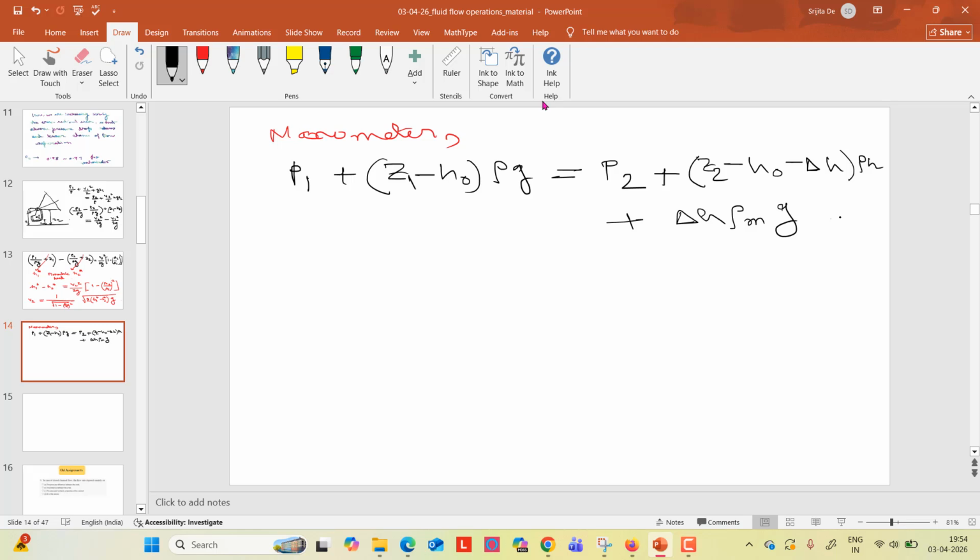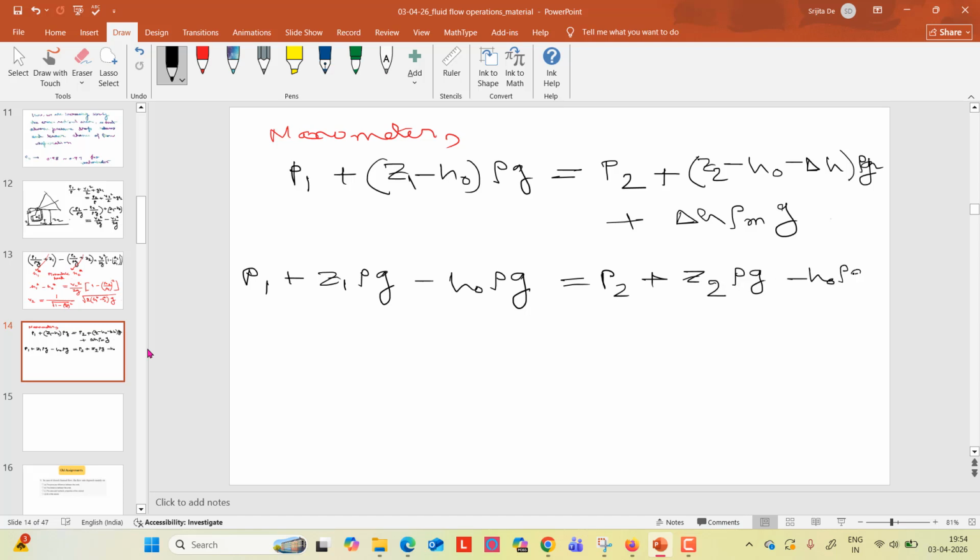Now we'll just expand and simplify. P1 plus Z1 rho G minus H naught rho G equals P2 plus Z2 rho G minus H naught rho G minus delta H rho G plus delta H rho M into G. So this term and this term will cancel out.